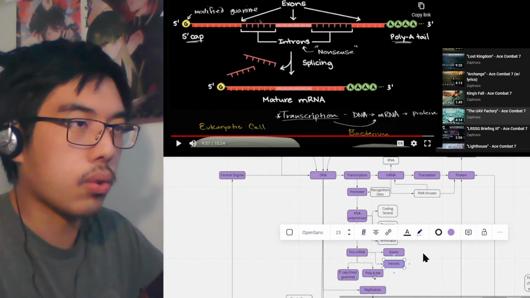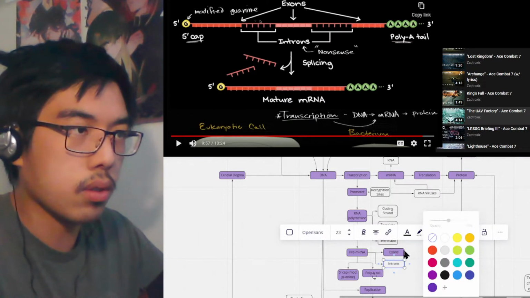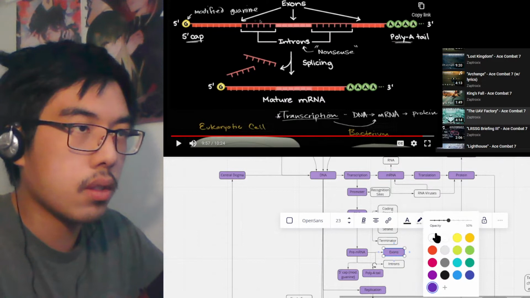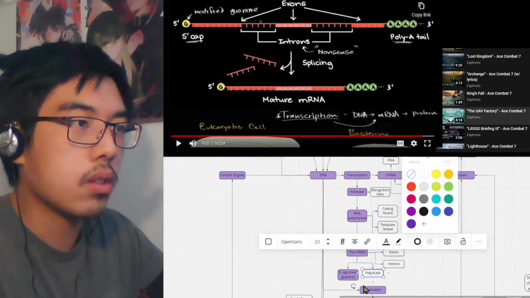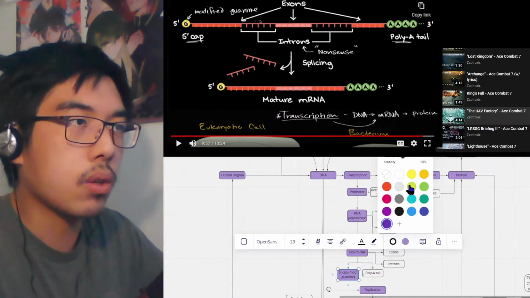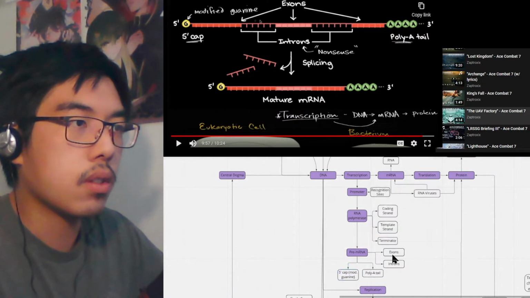And then we take out the introns, right? So that would mean we get all the exons, and then those get added together.